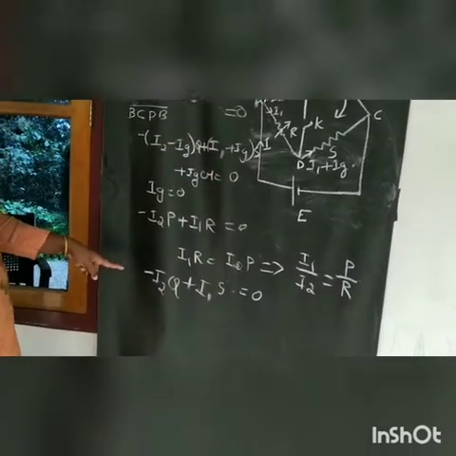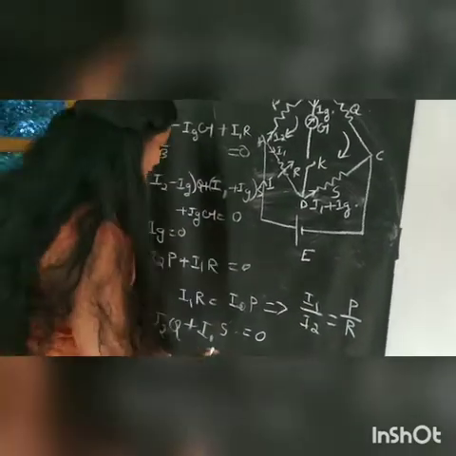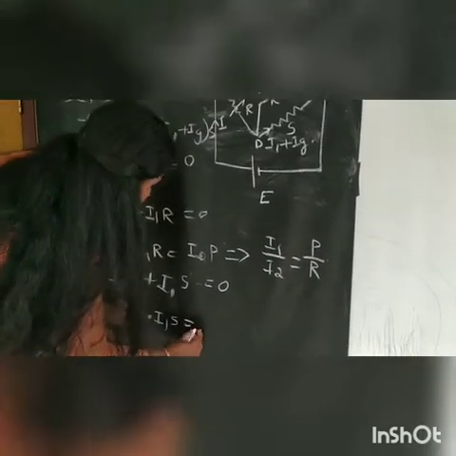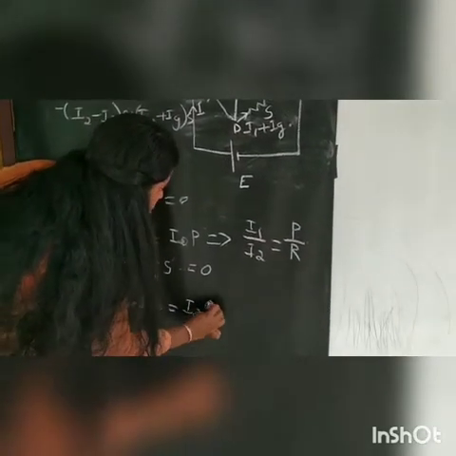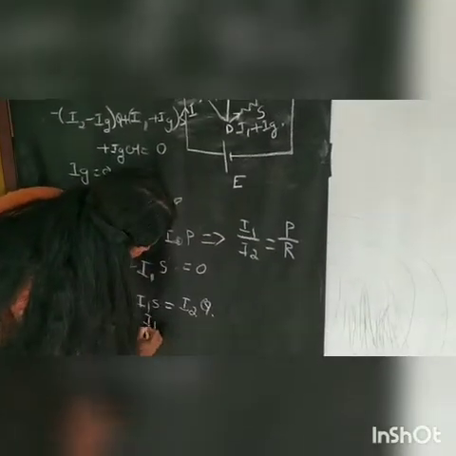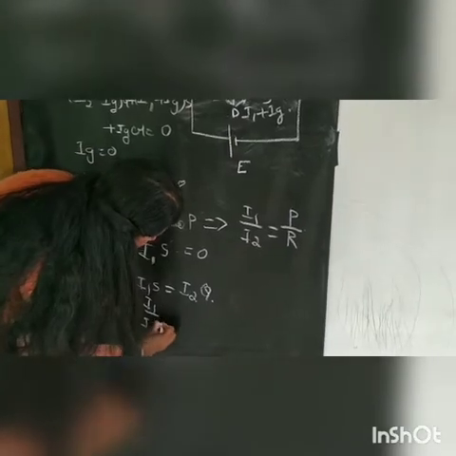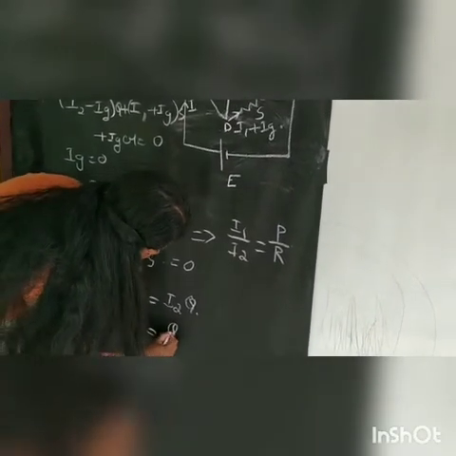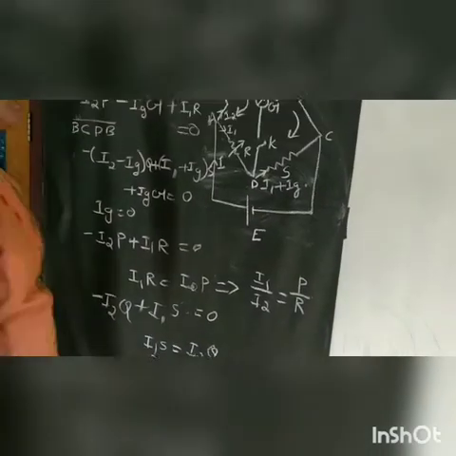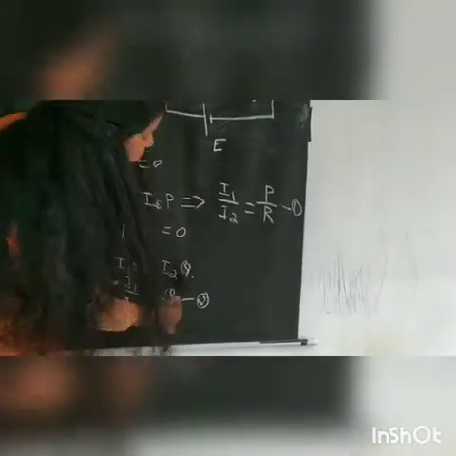In this case we can write I1 S equal to I2 Q. Then I1 by I2 is equal to Q by S. We can call this equation 1, and this equation 2.